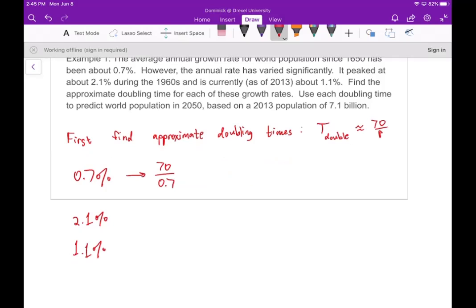And if we do that, 70 divided by 0.7 will give us 100. So T double is 100. If we have 2.1%, then 70 divided by 2.1 would give us 33.33.